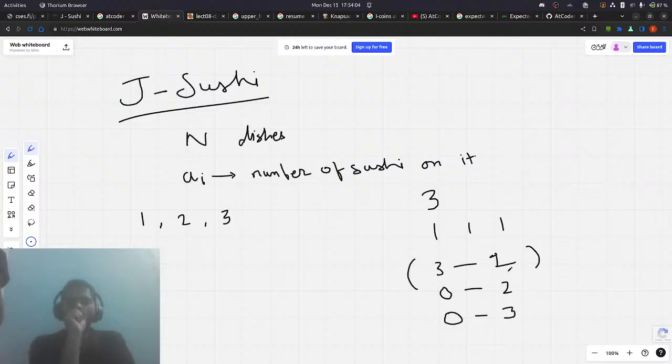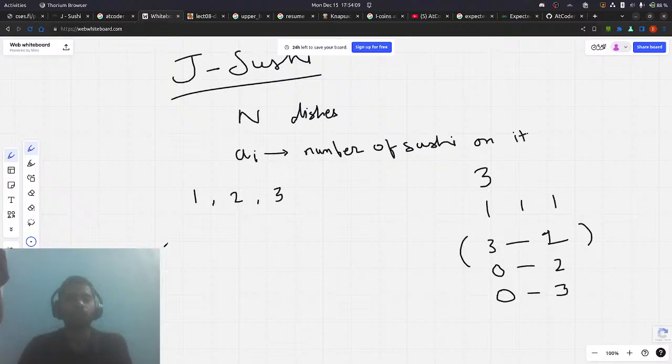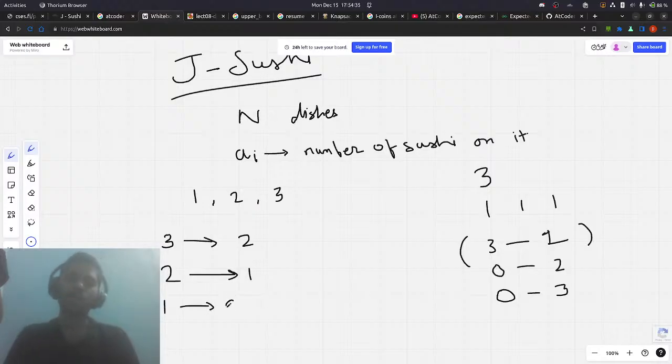So you see, if we have a plate with three sushis on it, if we choose that one, it will become a plate with two sushis on it. So if we choose 3, it contributes to 2, and if we choose 2, it contributes to 1, and if we choose 1, then it doesn't contribute anymore, it will become 0, right?